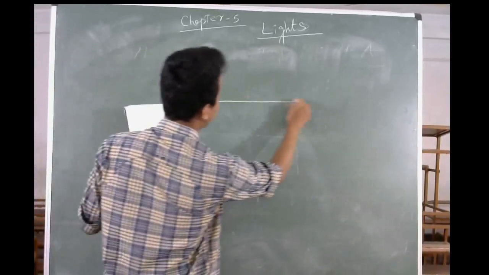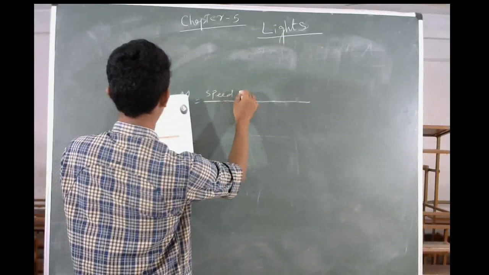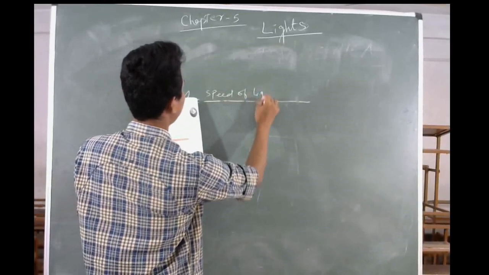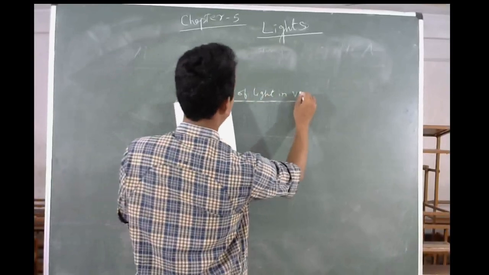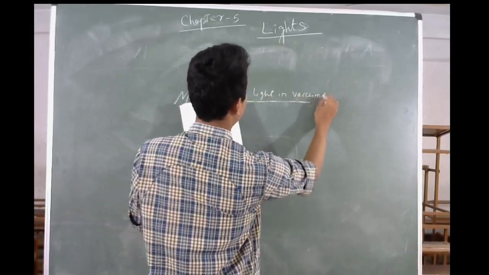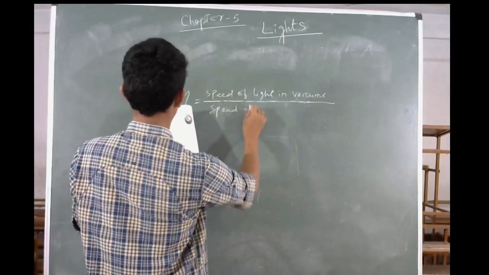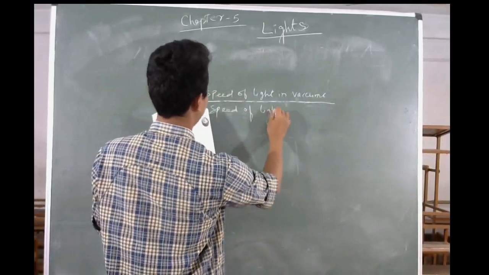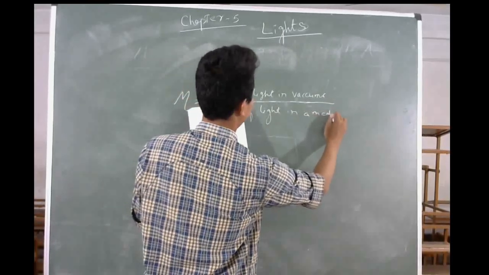It is the ratio of the speed of light in vacuum by the speed of light in a medium.